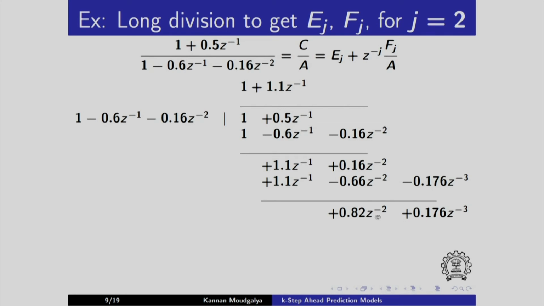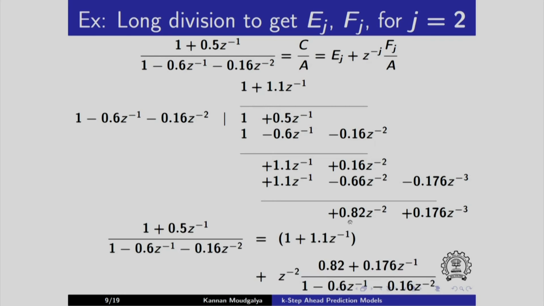minus 3. Now all terms have z power minus 2 or higher, so I stop here because j is equal to 2. If j were 3, I would have done one more step and I would have gotten the next remainder, which will have z power minus 3 or higher in every term.